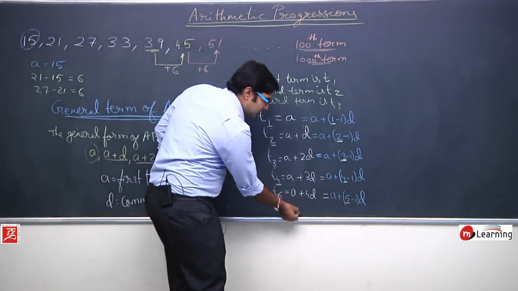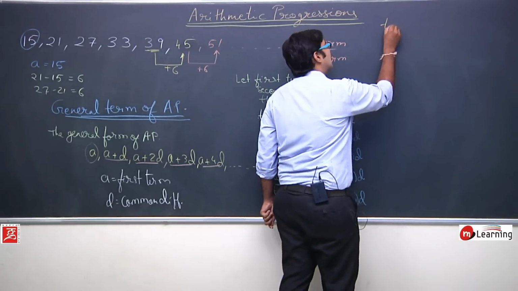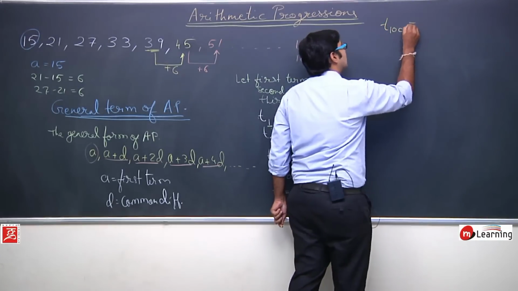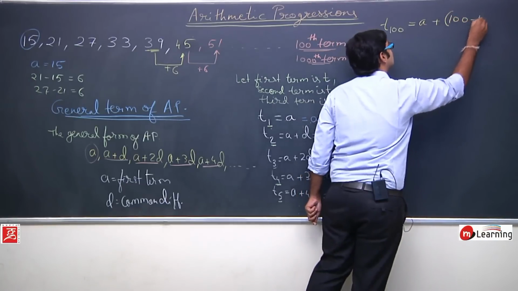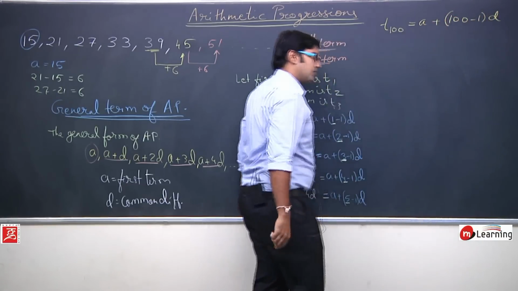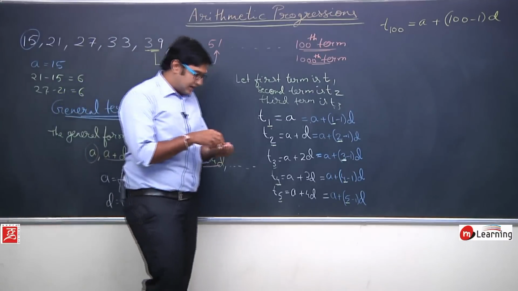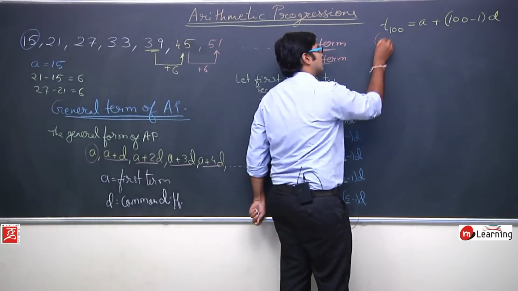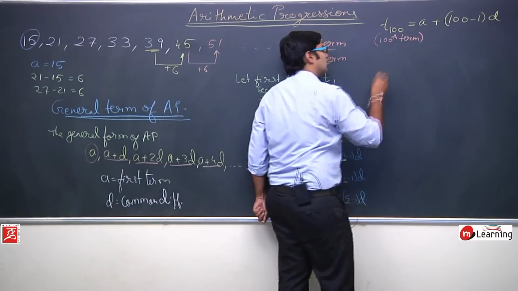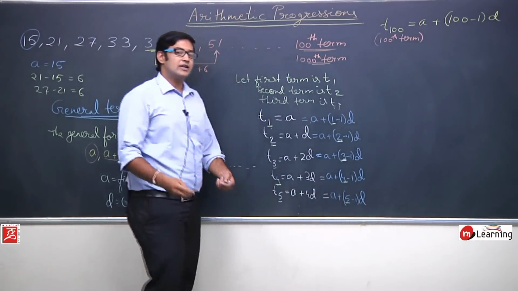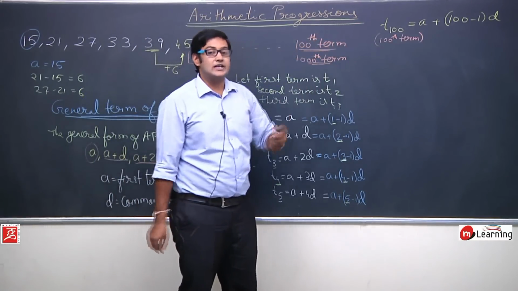So from this observation, can I write T100 is equal to a plus (100 minus 1) d? What is T100? T100 is the 100th term of an AP. So T100 is a plus (100 minus 1) d.